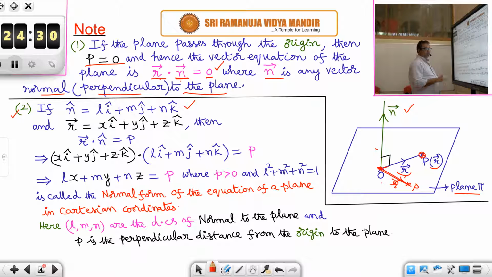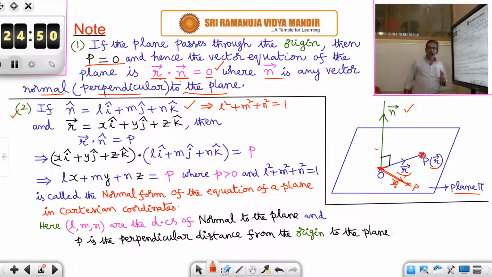It is a unit vector, which implies the magnitude will be 1 unit. What is the magnitude? Root of l square plus m square plus n square. That is 1 unit. That means l square plus m square plus n square is equal to 1, because it is a unit vector.